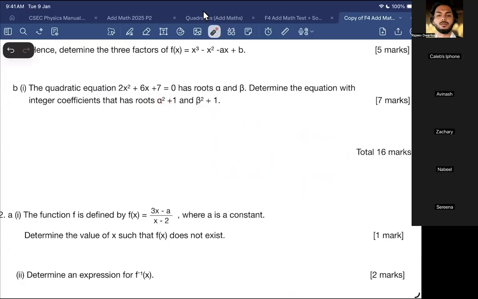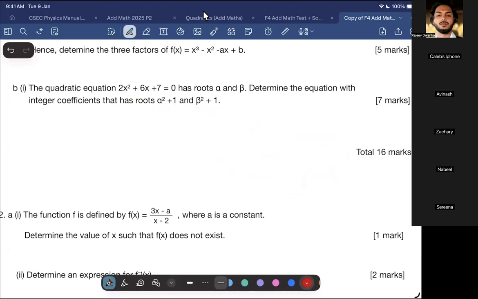Finally, do you all remember how you would recreate a quadratic? Serena, remind me. Do you remember how to recreate a quadratic if you have the sum and product? Yes, sir. Talk to me.